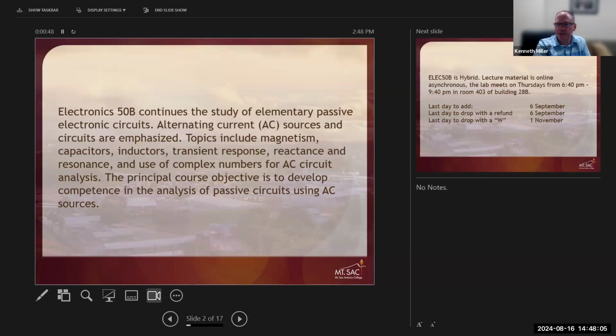If you notice the schedule this semester, it's pretty common for both our fall and spring semesters to be almost identical, with at least 3 sections of 50A and 3 sections of 50B. They're either fully in person, hybrid like this course, where the lecture's online and the lab is in person, or fully online.